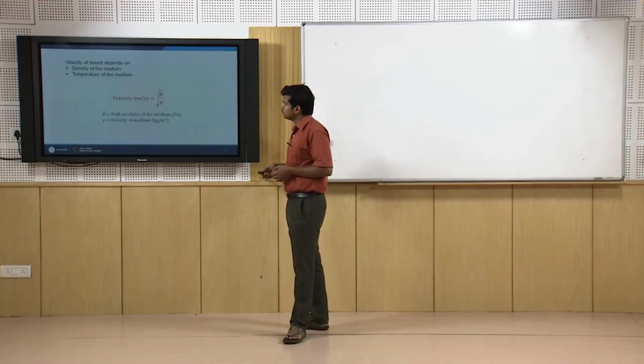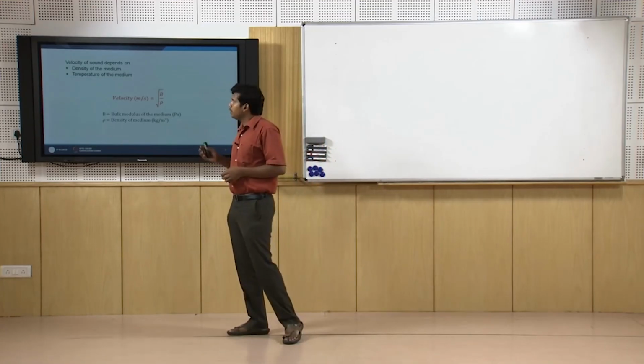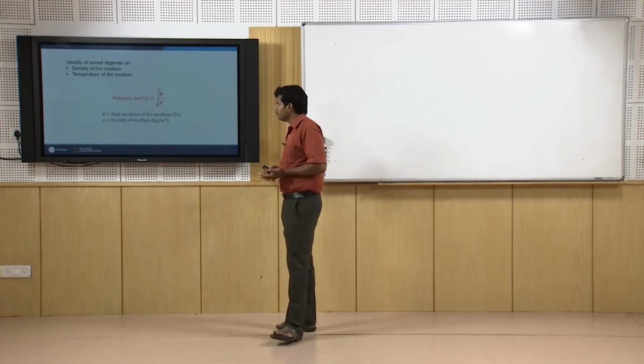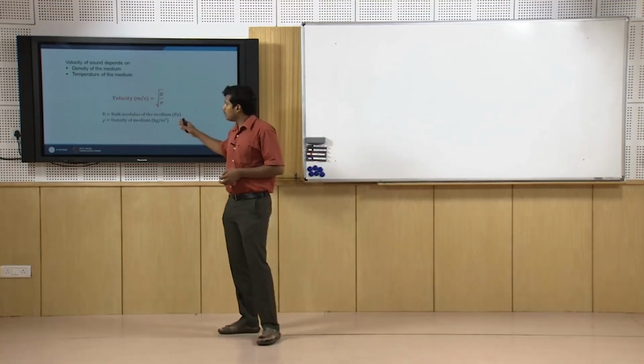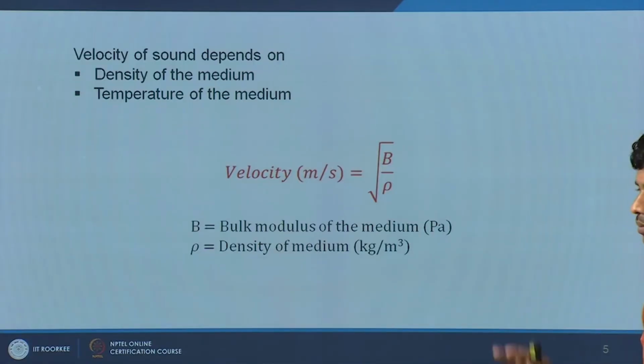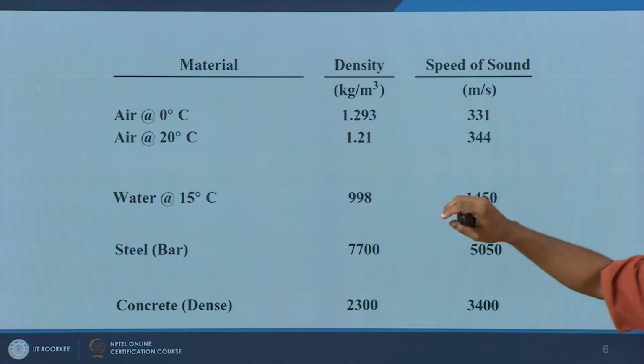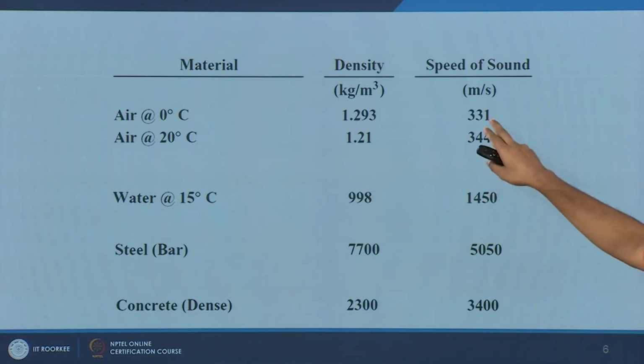the nature of the source as well. The velocity of sound depends upon the density of the medium as well as the temperature of the medium. Typically you need the bulk modulus as well as the density of the medium. Then you can talk about the velocity as well. There is a similar expression which relates the temperature of the medium with the velocity of sound. If you take simple examples, air at 0 degrees, density is close to 1.3, speed of sound is around 331 meters per second.